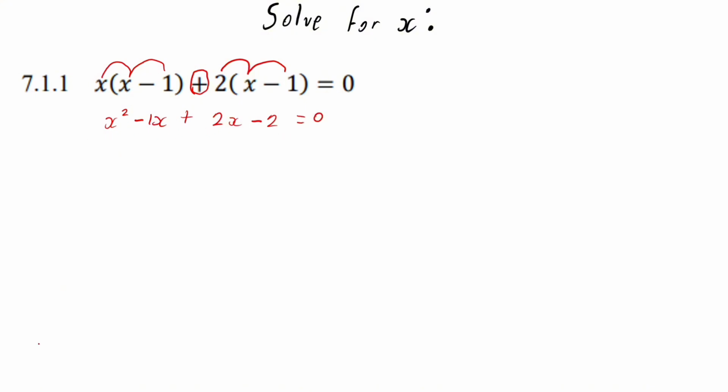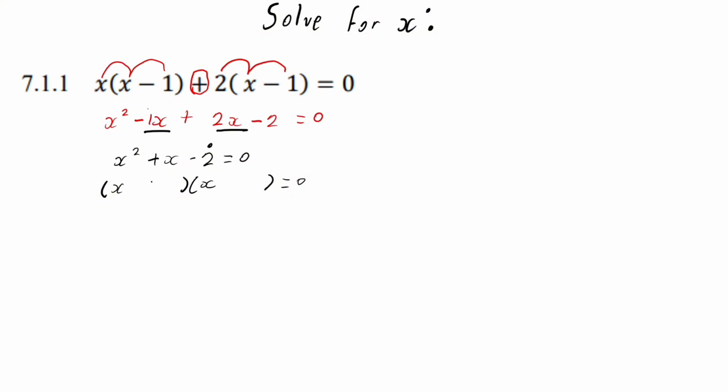Now, you collect your like terms. What are our like terms? Our like terms are 1x and 2x. Negative x plus 2x will give me what? Positive x. So you'll be left with x squared plus x minus 2 is equals to 0. You factor out. You open up your two brackets. You place x and x.